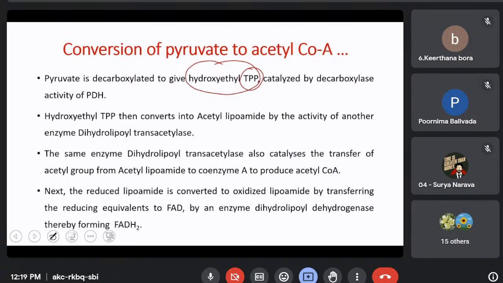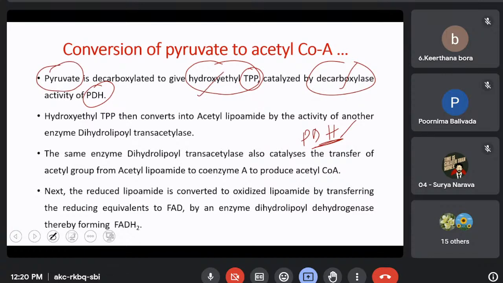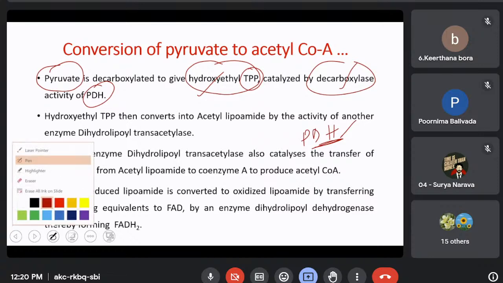This reaction is catalyzed by the decarboxylase activity of pyruvate dehydrogenase. So pyruvate dehydrogenase does not just do dehydrogenation. In addition to the dehydrogenation, it also has a decarboxylase activity. So the decarboxylase activity decarboxylates pyruvate to give rise to hydroxyethyl thiamine pyrophosphate, or simply HETPP.